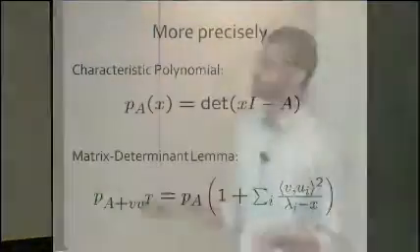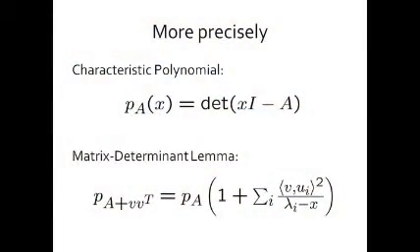Okay. So we can look at the characteristic polynomial to get a better idea of exactly where these things go. There's a basic lemma in linear algebra that tells you what happens to a determinant when you add a rank 1 matrix. So I can see what happens to the characteristic polynomial when I add VV transpose.